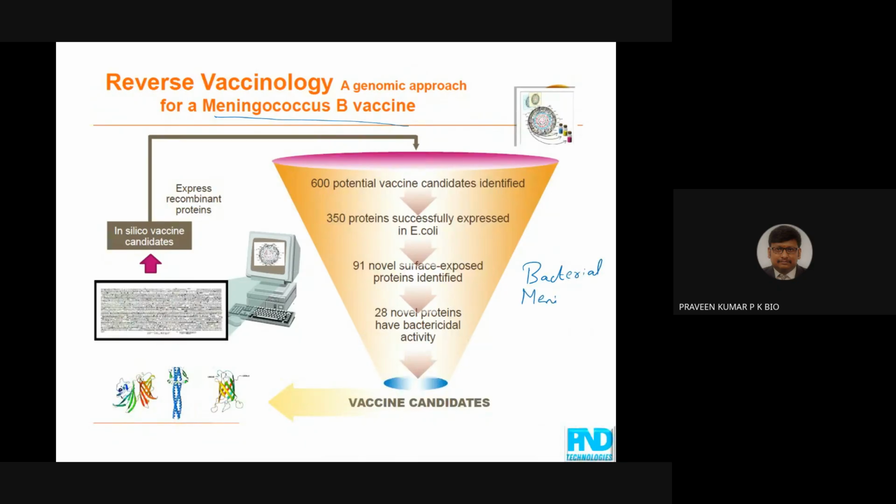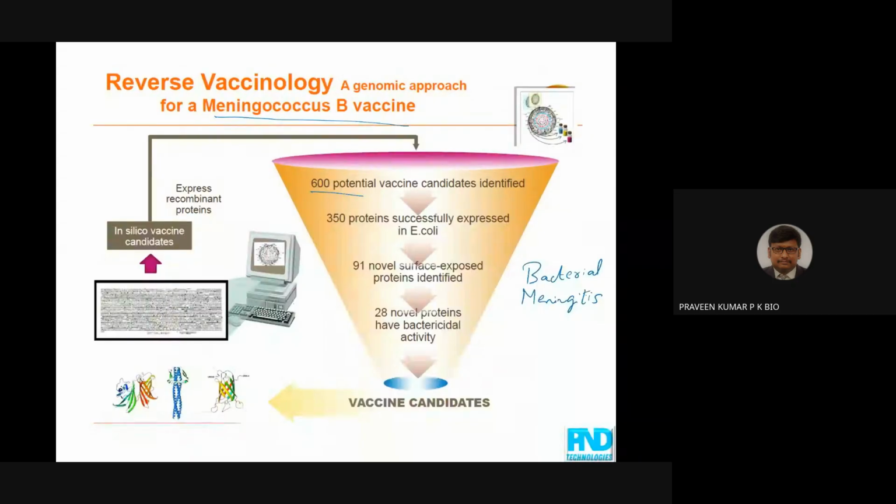Initially, from this bacterial meningitis, which infects the brain, they took the bacterium and sequenced it, and they were able to identify 600 potential vaccine candidates. Later, for those potential vaccine candidates, that is the protein targets they identified, they used recombinant technique for scaling up the production.